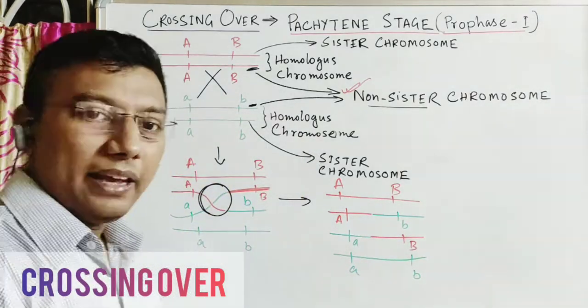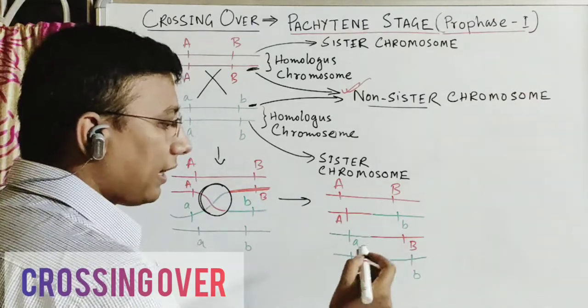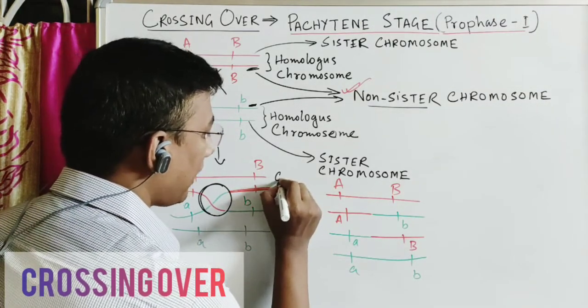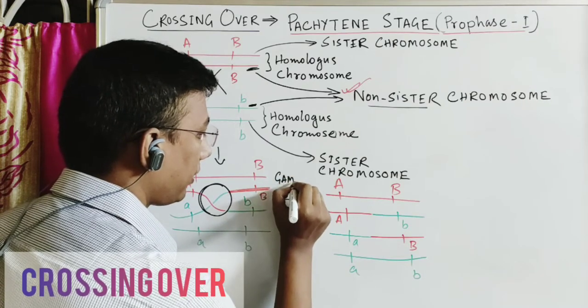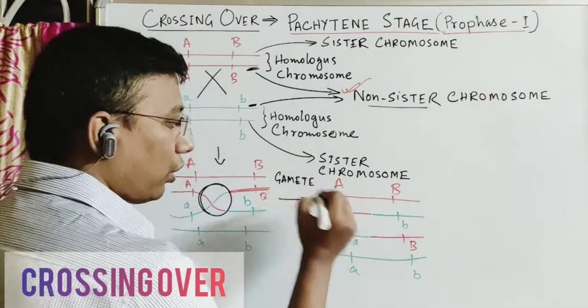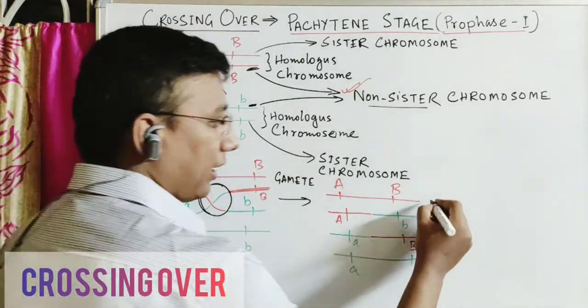Now in this case we can see that these are the gametes that will be produced.